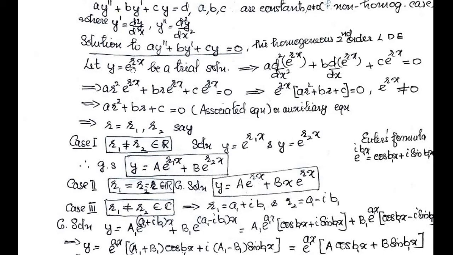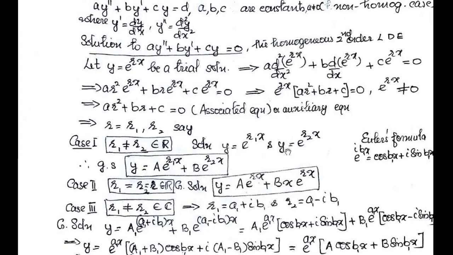So the solution, and this is a second order equation, its solution should contain two arbitrary constants, and it is the sum of two solutions. See, this is a solution, y equal to e raised to r1x, and y equal to e raised to r2x is another solution.